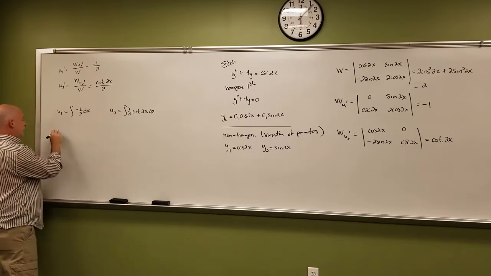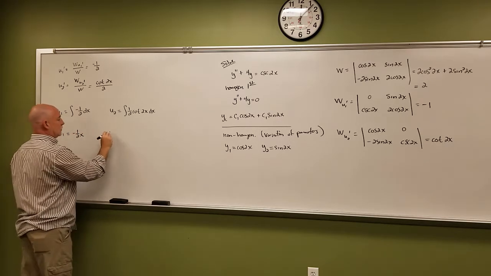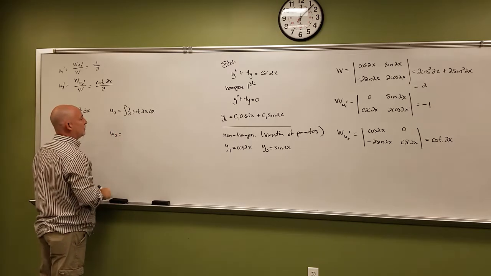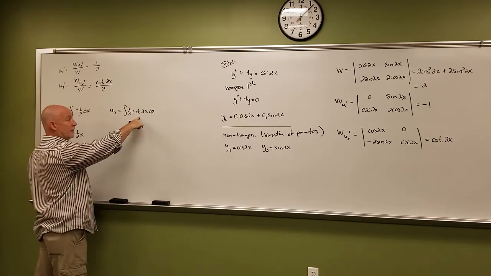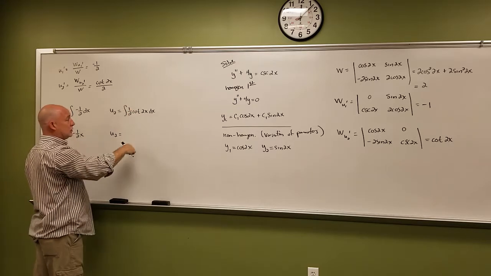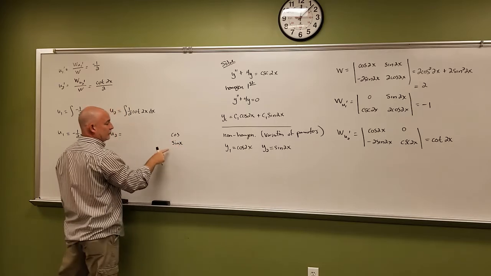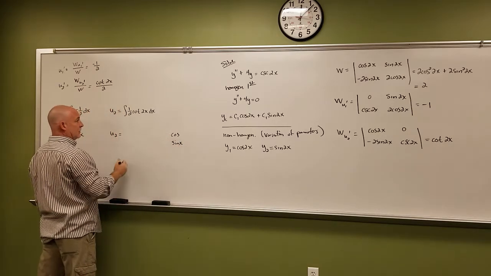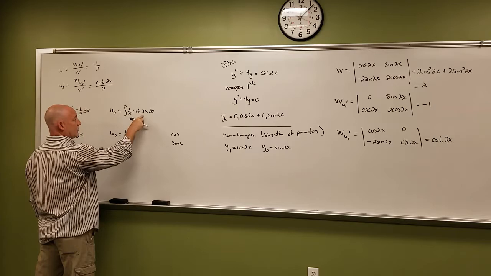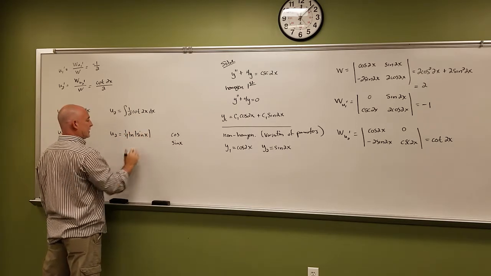So, easy enough, u1 is negative 1/2 x. u2 is going to be, well, the integral of cotangent, you should know that off the top of your head. If not, it's a u substitution. Remember, that's cosine over sine. So you let the bottom be u, the top is du, so you get the log. So you're going to get 1/4, because we get another 2, natural log, absolute value of the sine of 2x.